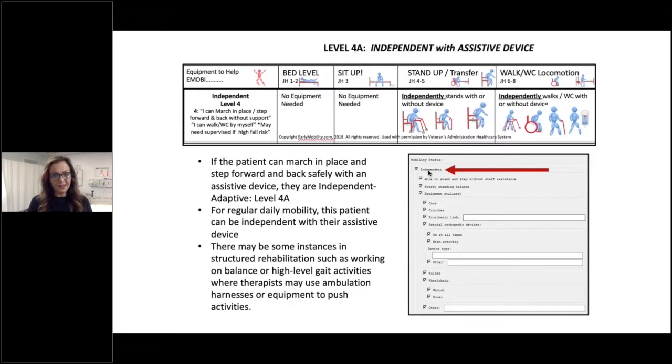If you do not feel you can allow them to walk independently, then you are going to put them back to a level 3N. If they are high fall risk, they're going to be a 3N. A level 4A patient is independent with their assistive device.